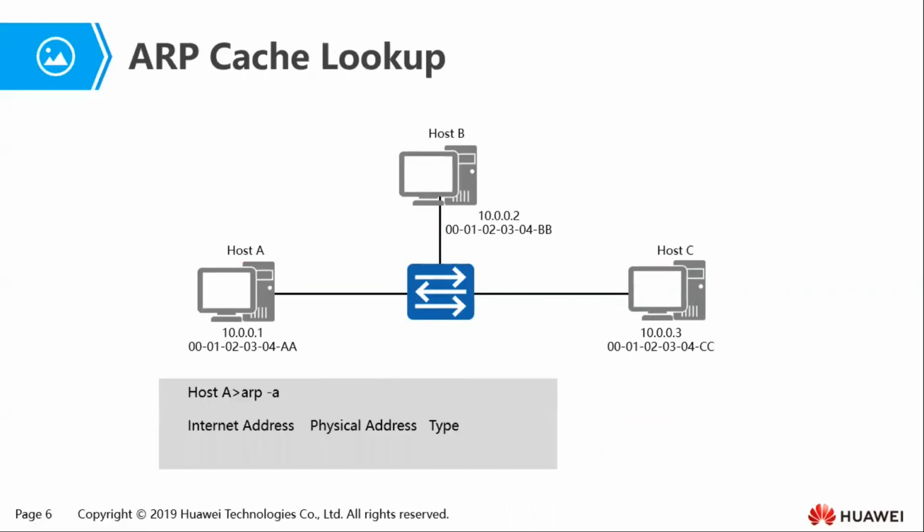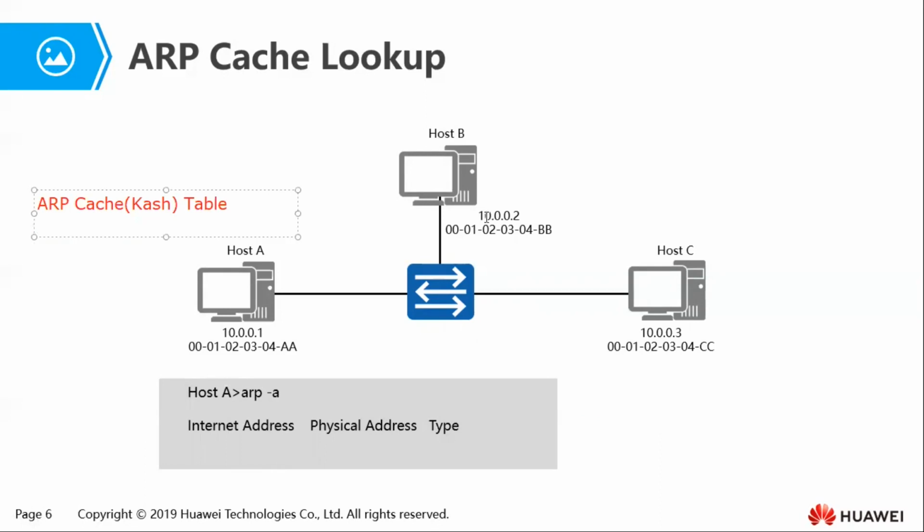So the first step in trying to find out whether I know the MAC address of host C is what you call the ARP cache lookup. Every host in a network has what we call an ARP cache, pronounced as cache table.